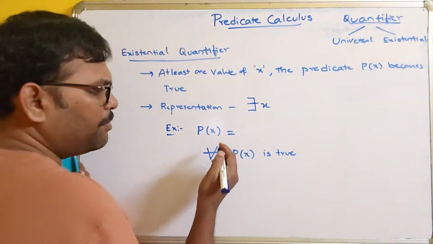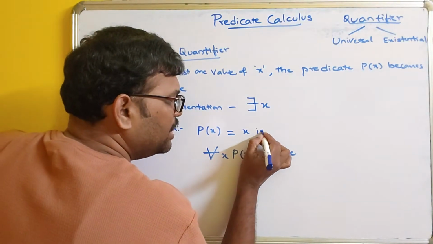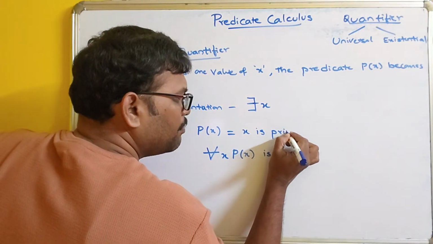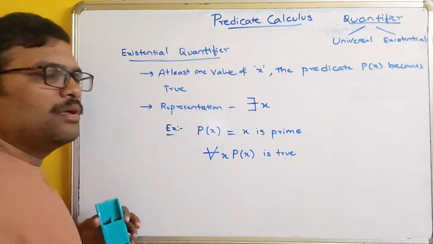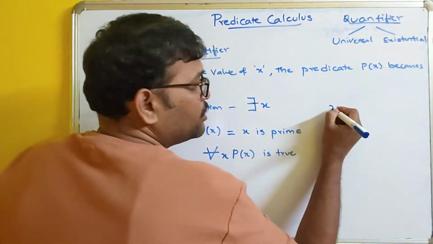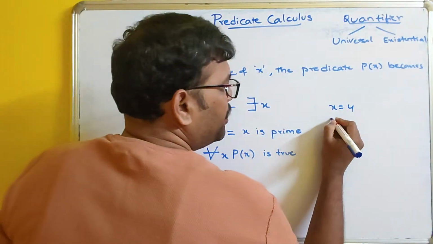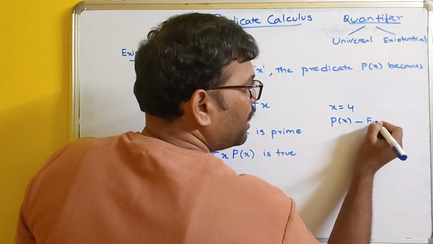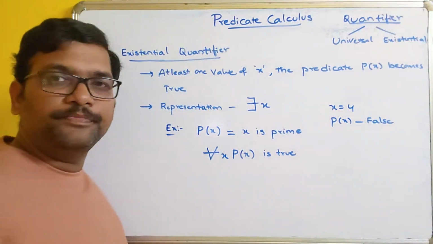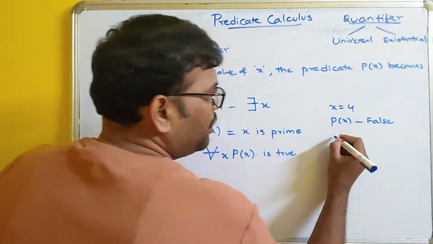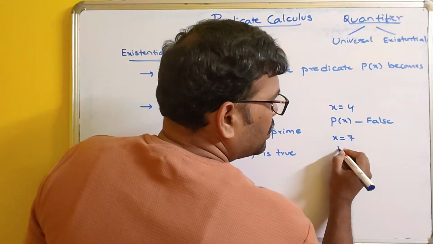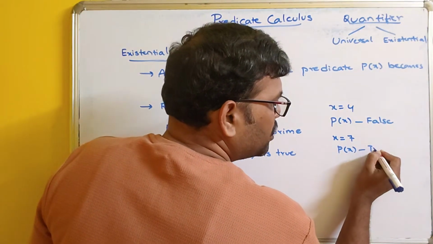Now let us take an example, the predicate x is prime. If you consider x is equal to 4, what happens? The predicate P of x becomes false. It doesn't become true. But for example, if x is equal to 7, then the predicate P of x becomes true.